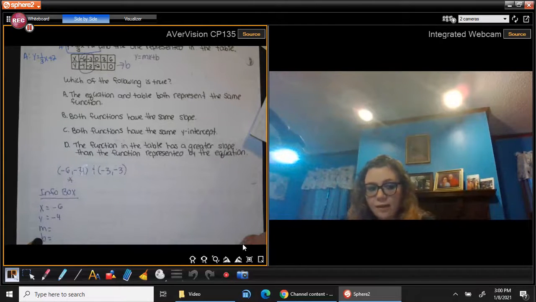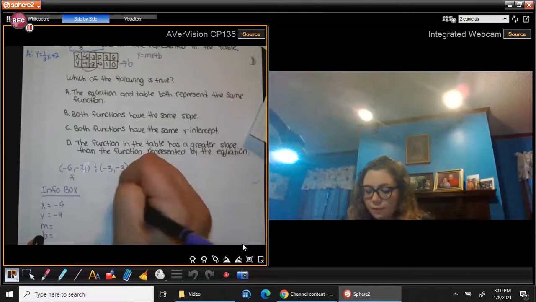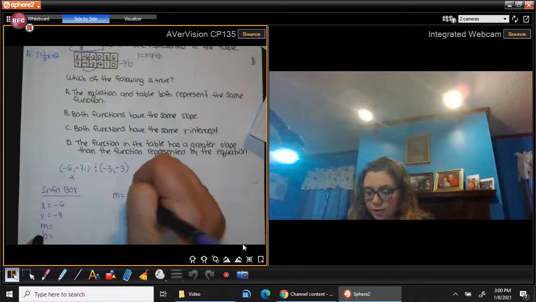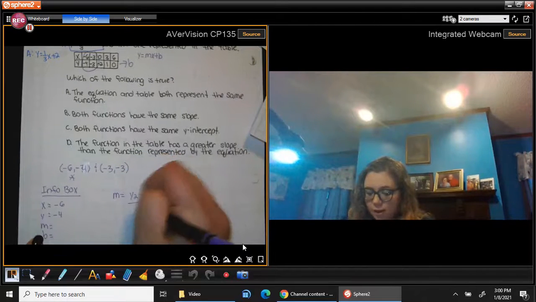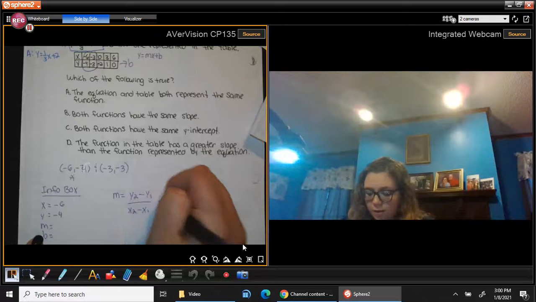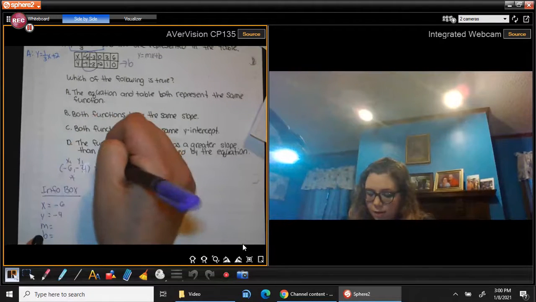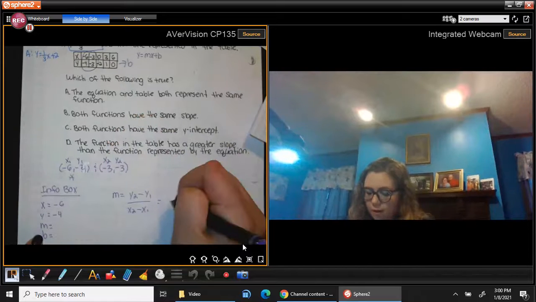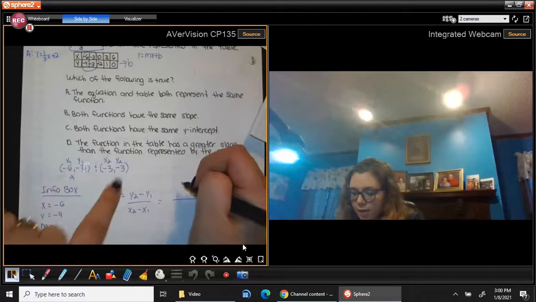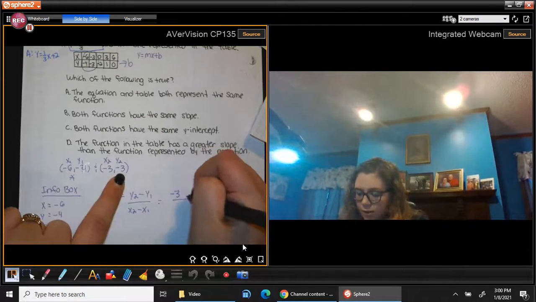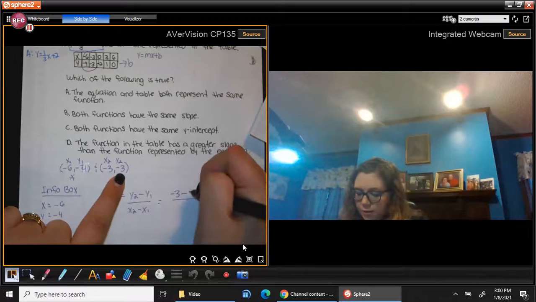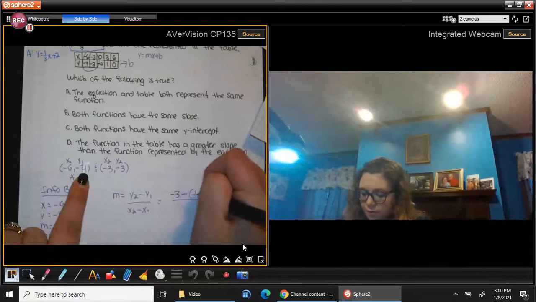I need to find my slope. So I'm going to use my slope formula, which is y2 minus y1 over x2 minus x1. This is x1, y1, x2, y2. Plug in my values. So I have y2, negative 3, minus negative 4.